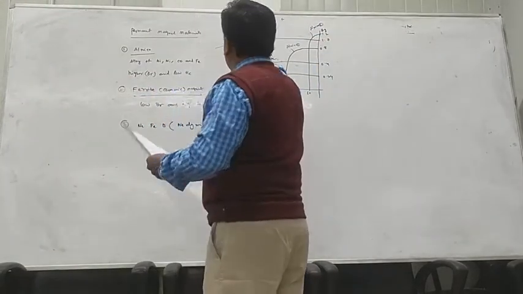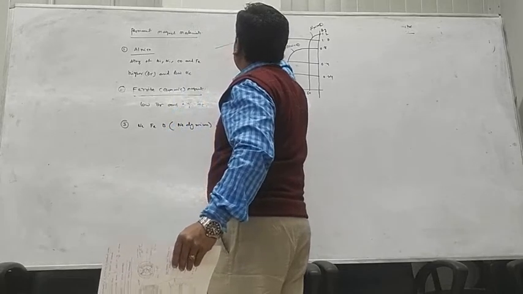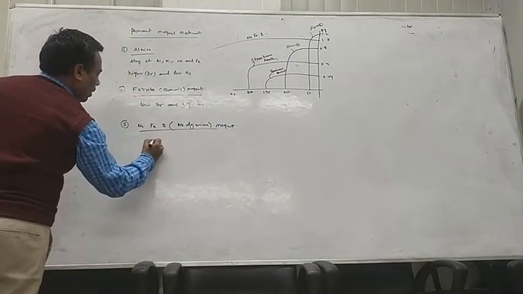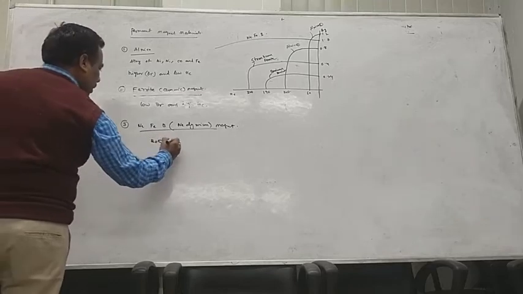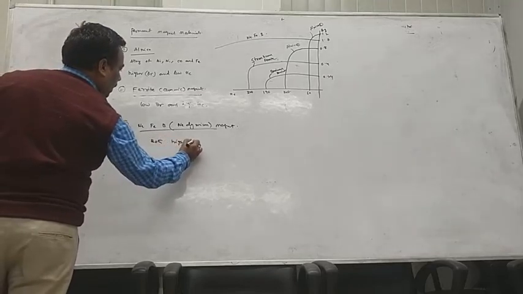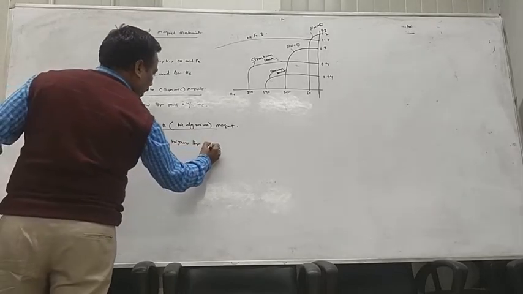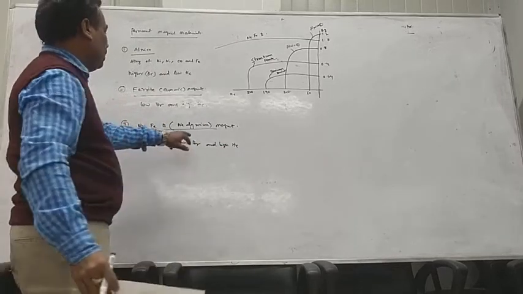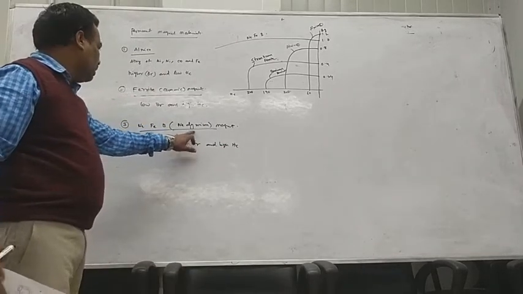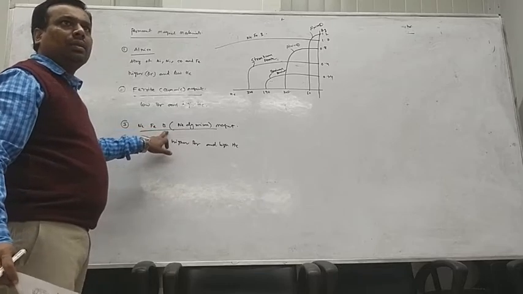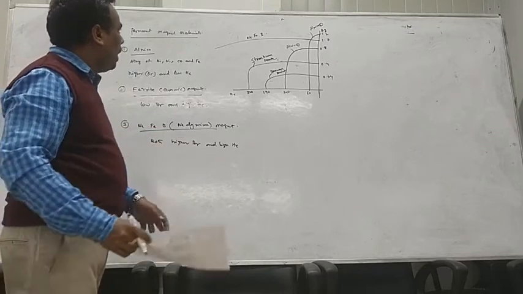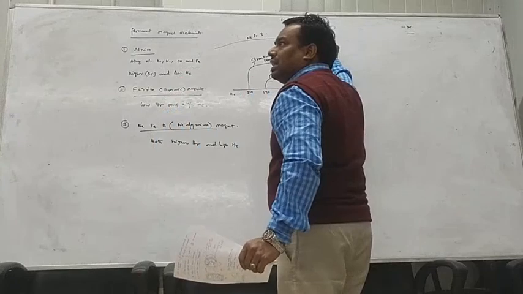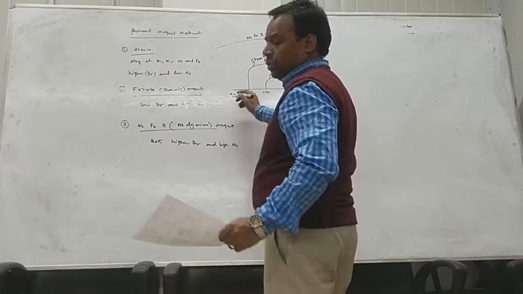This is neodymium magnet, Nd, Fe, B. For this material, both higher Br and high Hc, both values. NdFeB is the representation of the neodymium magnet. Both higher residual flux density and higher coercive force are present.